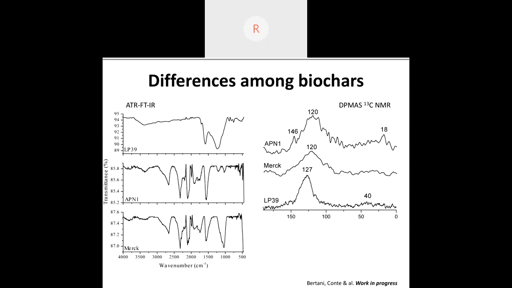At least the three biochars are typical biochars with a lot of polyaromatic systems, while the FTIR shows really very big differences among these three biochars that can justify the different behavior with respect to the water and the fluorinated compound that we have used.